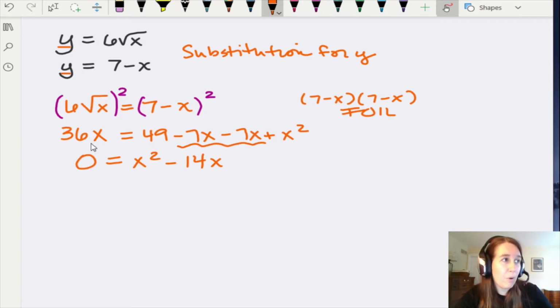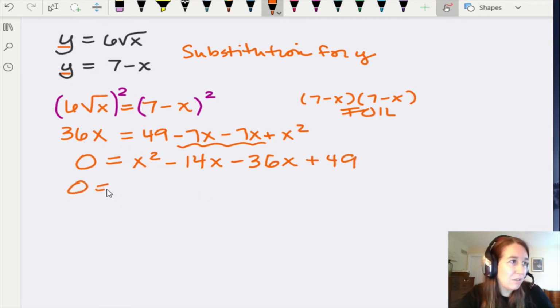And then I have 49, no, sorry, minus 36x. I forgot that had an x in there, so I'm just going to make one more step. And then plus 49. So 0 equals x squared minus 50x plus 49.